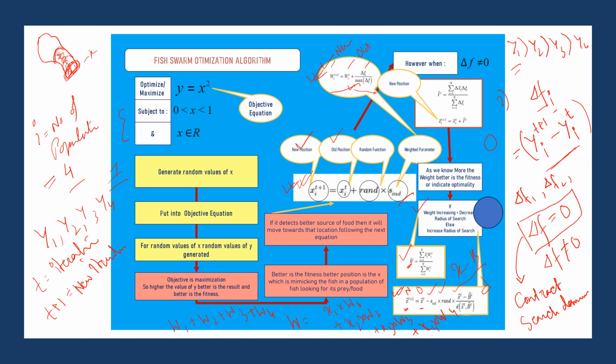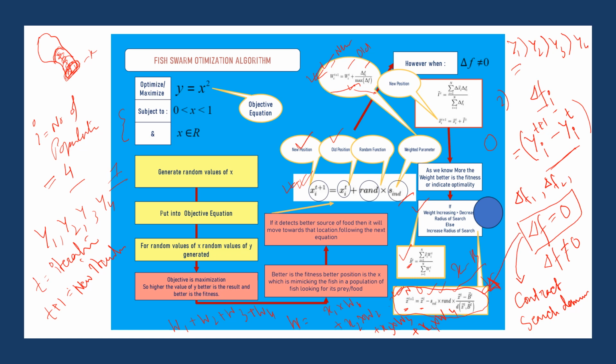But this one will be used only if del f is not changing. That means the optimization process has fallen into the local minimum. Only then, that means if there is no improvement of objective function, del f equals 0, then only this equation will be used.